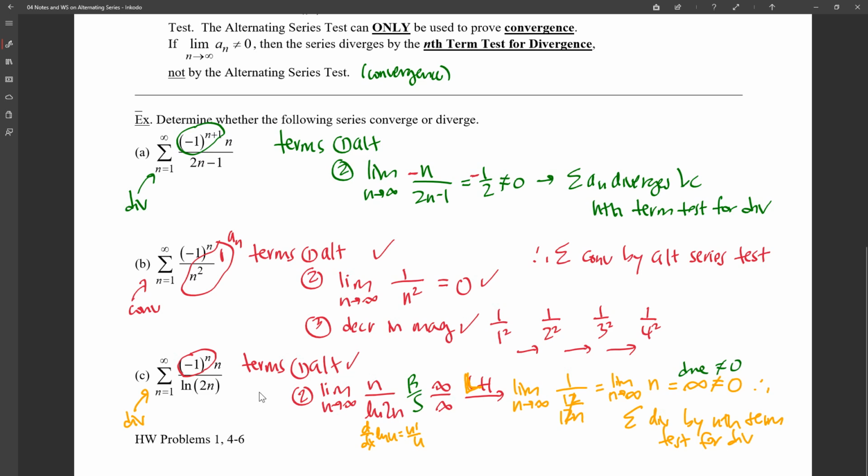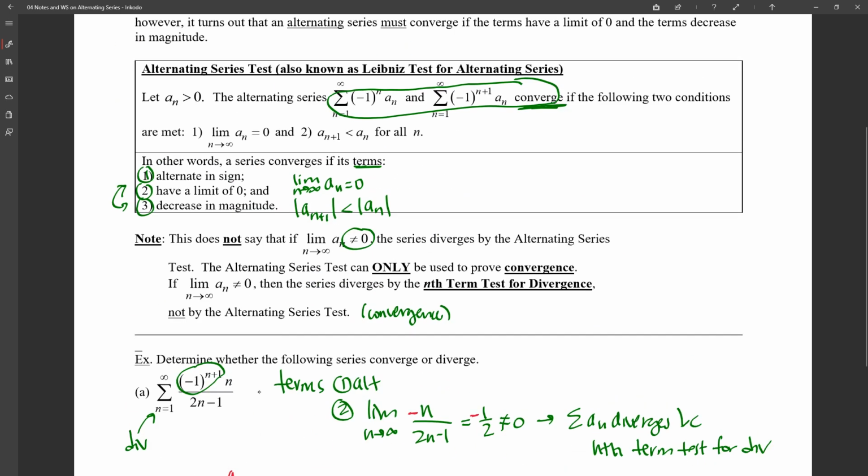One thing I want to talk to you about is these two conditions up here: have a limit of 0 and decrease in magnitude. Sometimes students wonder, aren't these always the same thing? Well, most of the time they are. Most of the time, if 2 is true, then 3 is also true, but not all of the time.